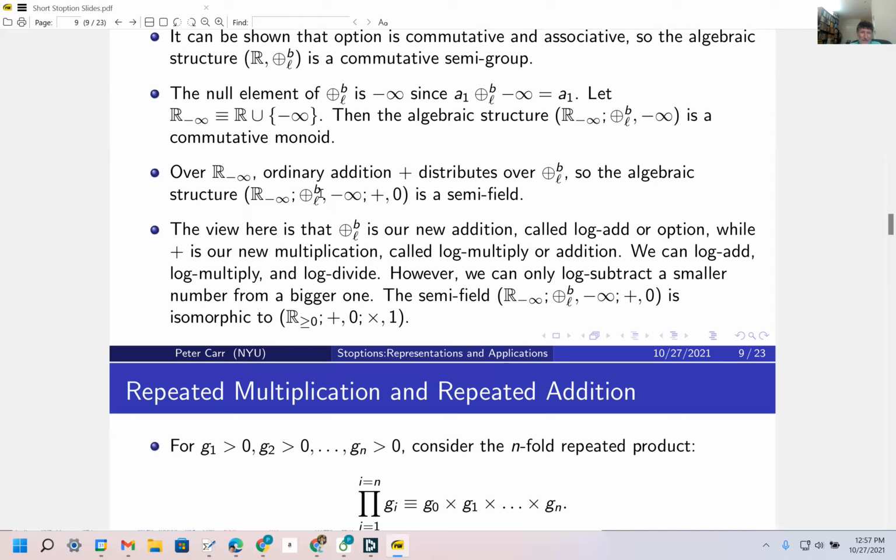If I asked what's the inverse binary operation to that one, let's say we can name it log subtraction, but it turns out if we want to stay in the set we're in, which is real numbers including minus infinity, you can only work with log subtracting a smaller number from a bigger one. That means you can't arbitrarily log subtract any two real numbers.